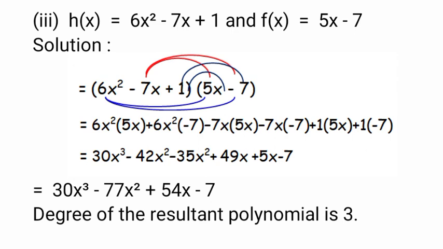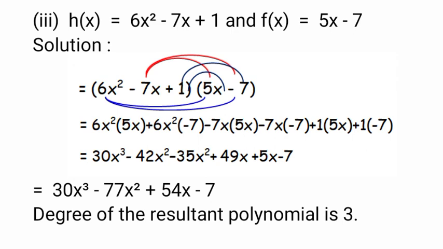Multiply each term by the second polynomial. First term is 6x square into 5x plus 6x square into minus 7. The second term is minus 7x into 5x, minus 7x into minus 7. The third term is 1 into 5x plus 1 into minus 7.